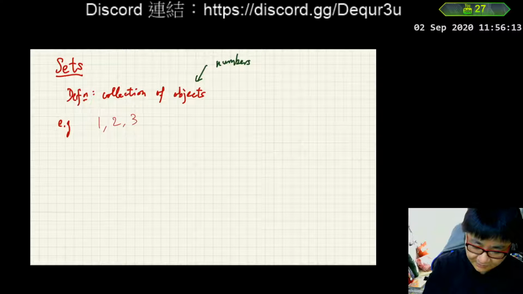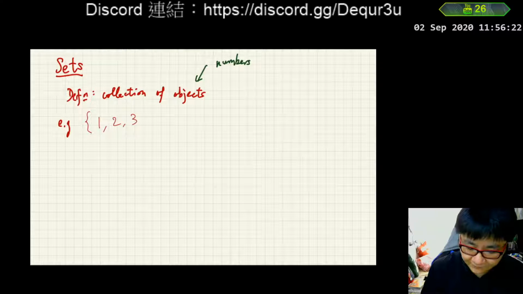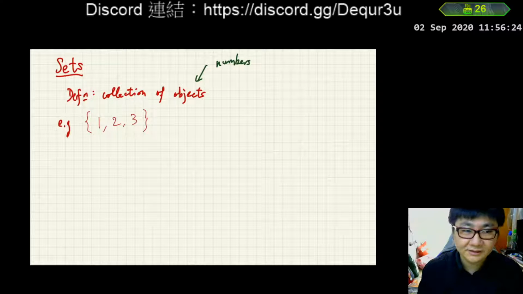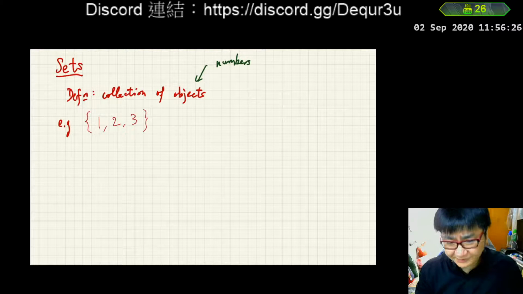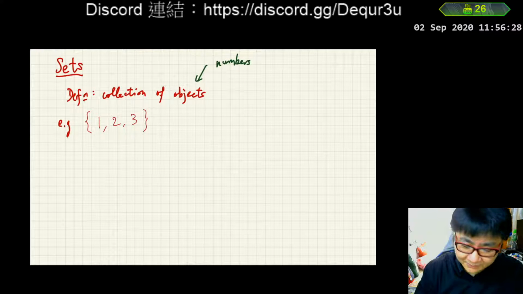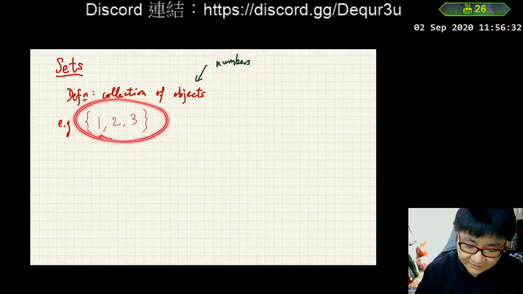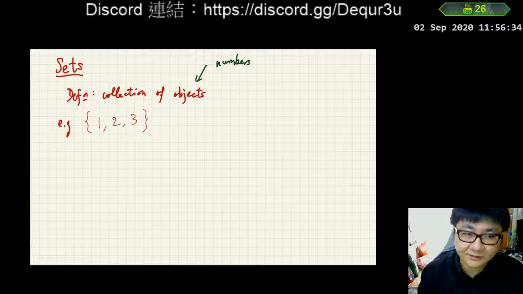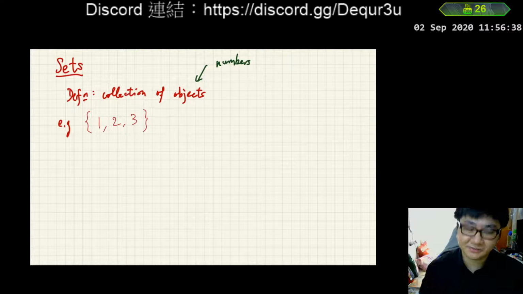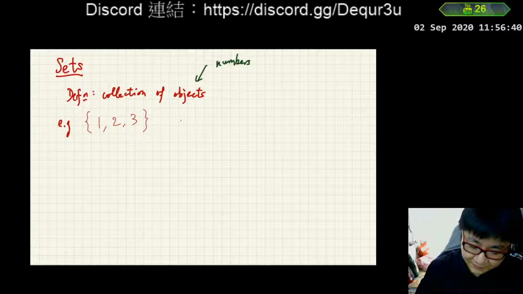I use a thinner pen here, and so a set will be objects separated by commas and then with curly brackets, or sometimes we call this the braces. And then so this is a set. This is a set with the elements 1, 2, and 3. Okay, so this is a set with 3 elements.